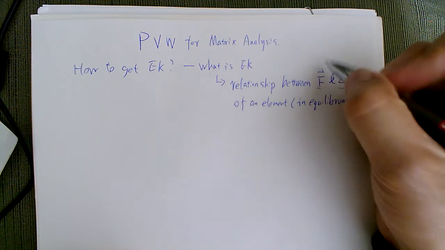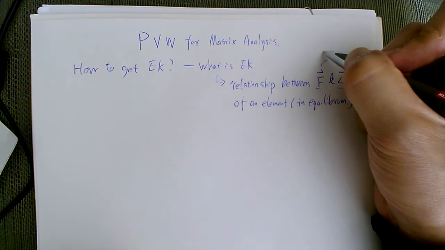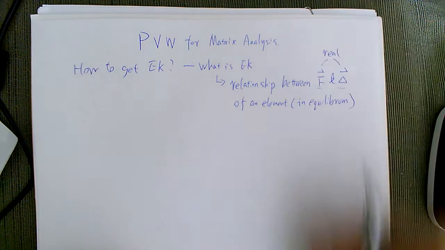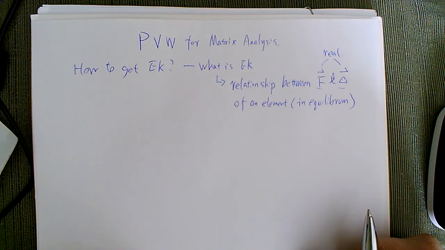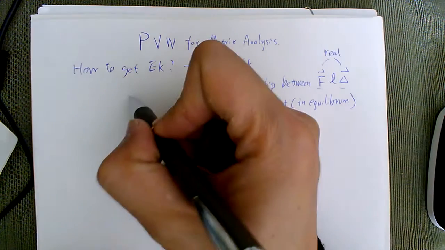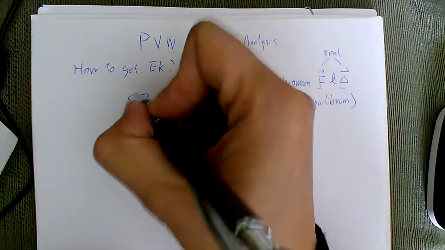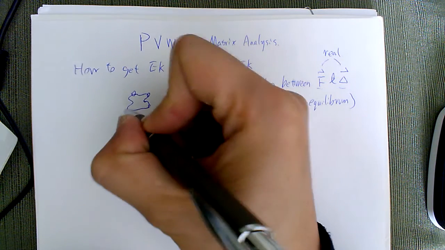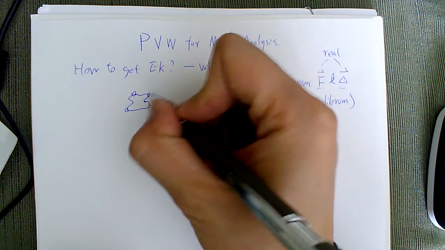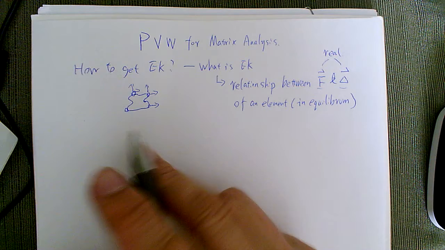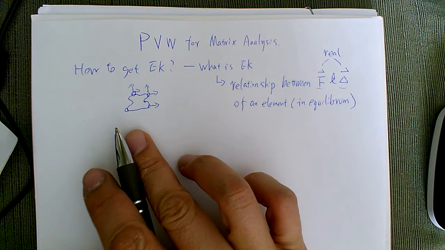So for an element, those guys are real. When you have an element, I don't care what it is, it could be a bar, it could be a blob. You define the nodes, and then you apply some forces, and then you measure the displacement. If it's in equilibrium, it's real.